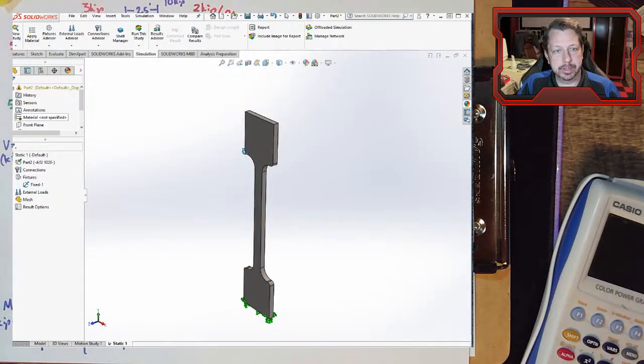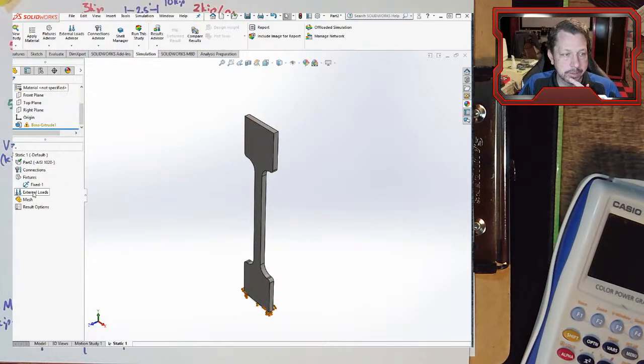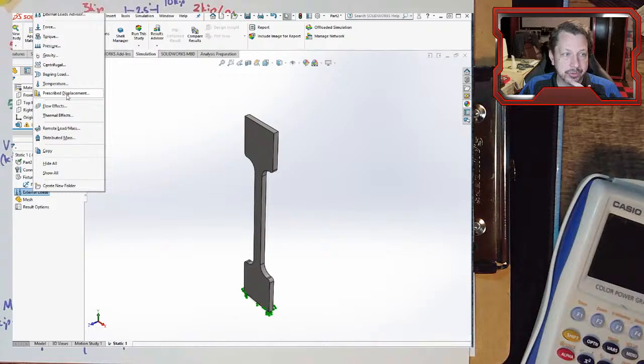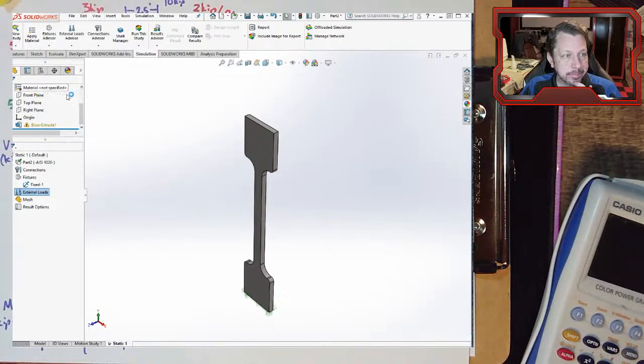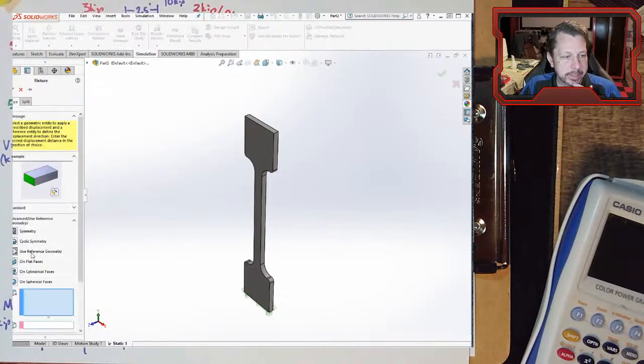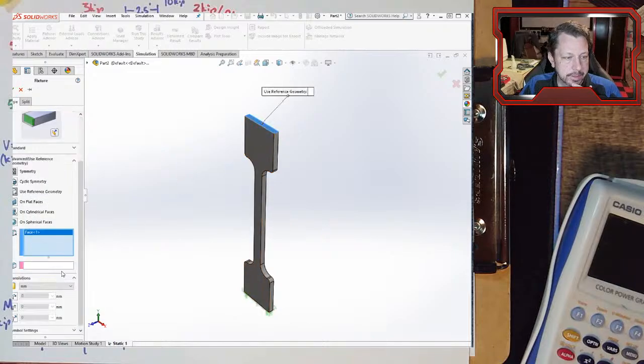So I'm going to do a similar thing. I'm going to add a displacement to the top up here. So that's in external loads, right click, prescribe displacement. And I'm going to put the displacement on this surface. And I'm going to choose the direction. So this pink box over here is what direction do I want it to displace. I'm just going to pick one of the vertical lines.